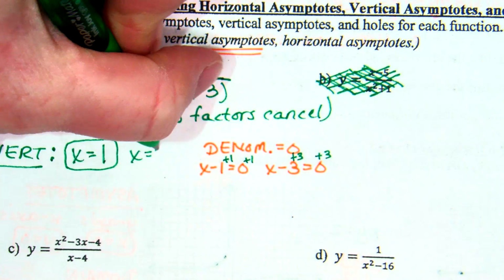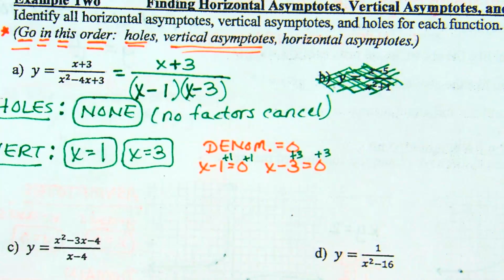Now, before I continue, what type of points of discontinuity do we have at 1 and 3? Because these are vertical asymptotes, they're discontinuous. What type of points of discontinuity are there? What's the word? Non-removable.